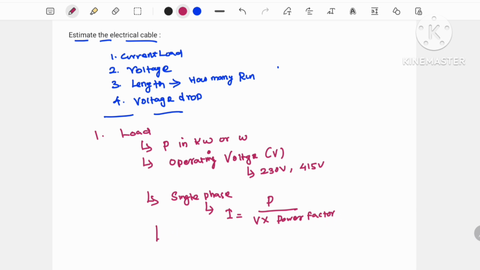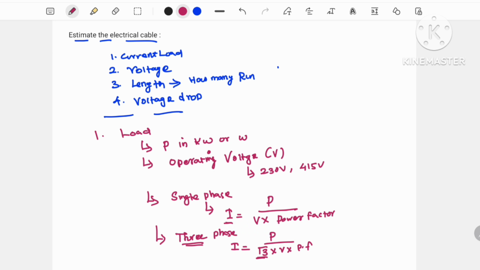In case we are going to find the three phase current, what is the formula? I equal to P by root 3 into V into power factor. Root 3 means three phase, right? If you already know the current rating for the equipment, use it directly. Otherwise, you put the values here and you will find the amps.